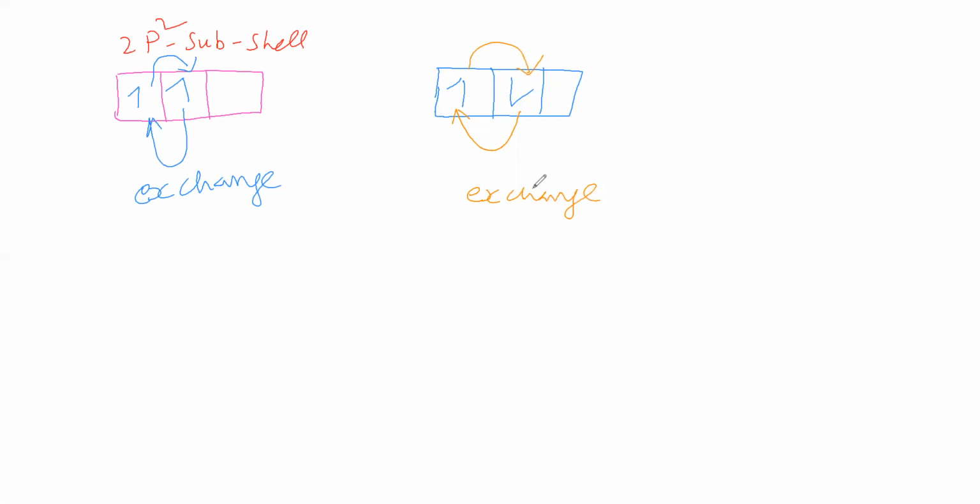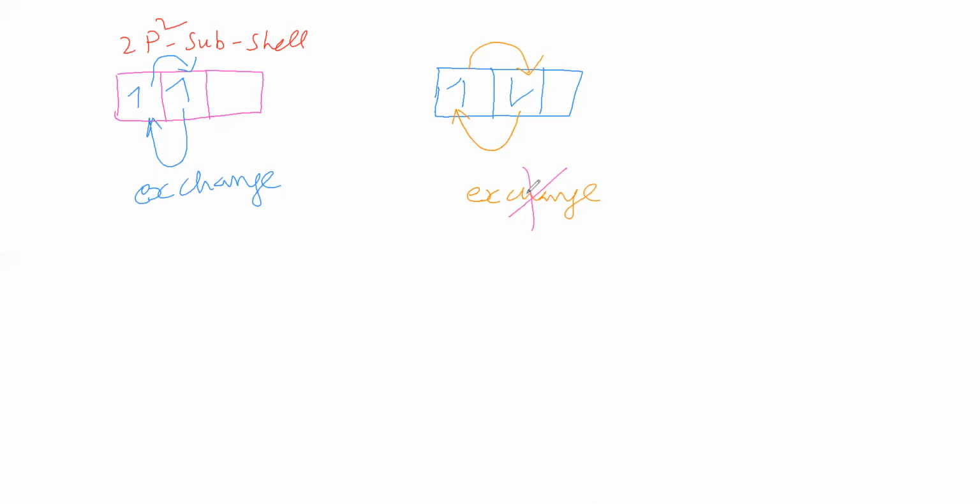Then how do they go for exchange? So here exchange is not possible. So which electrons will go for exchange? Parallel spinning electrons will go for exchange. Here they are not parallel, therefore they are not going for exchange. Here exchange is possible. So this system has more stability when compared to this system.